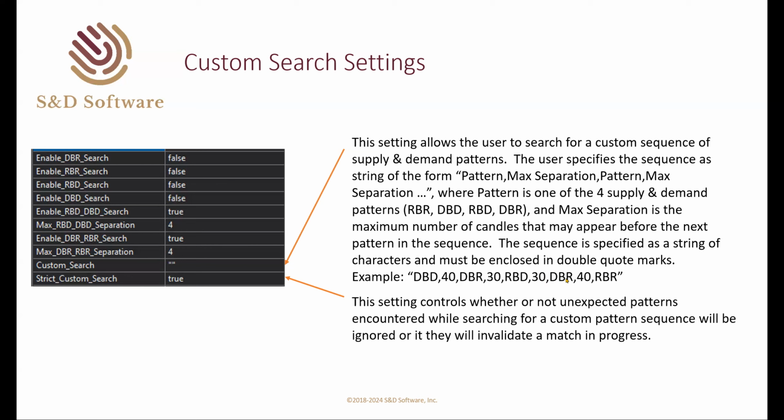And if we can find a drop-base-rally and we're still within 30 candles of the rally-base-drop, then we'll still consider it a match and keep going. So that's the difference between the strict search being true and the strict search being false.